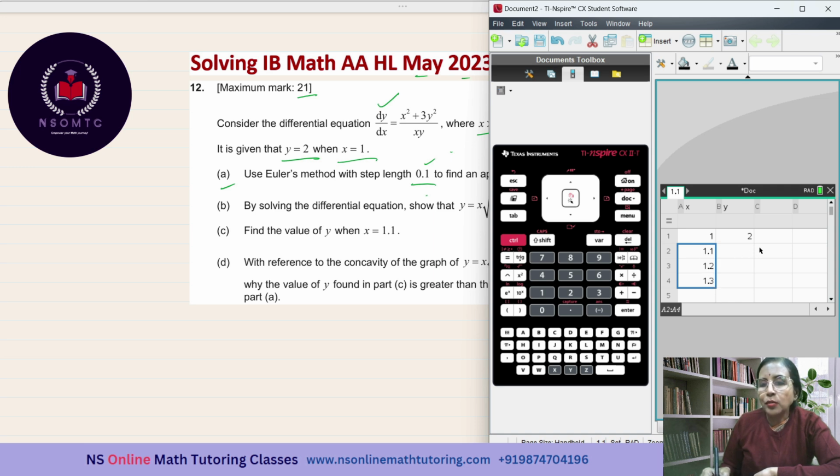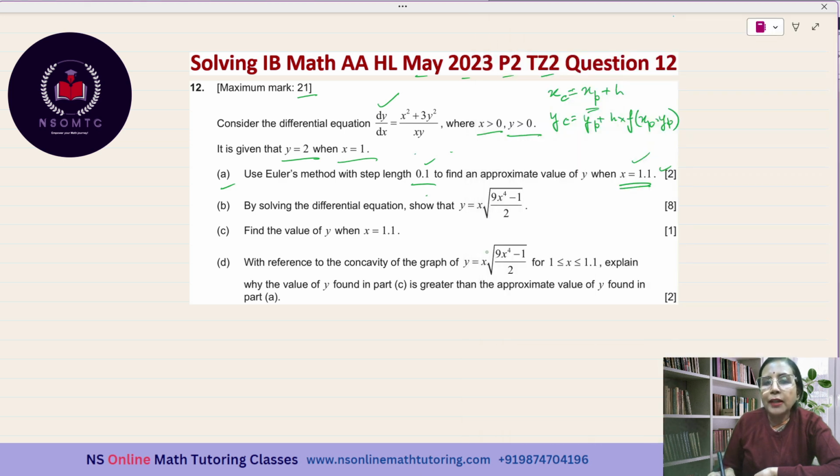1.1 is sufficient. And I come to this, and again I will be getting the corresponding y value. The formula that I'll be using is this one. Yp is stored in the B1 cell, and f is the gradient function, and in place of x is xp. So in place of x, I'll be writing A1, and y is yp. So in place of y, I will be writing B1.